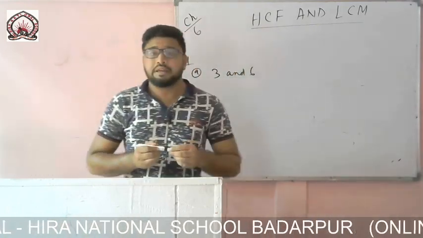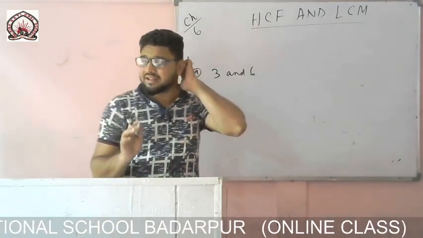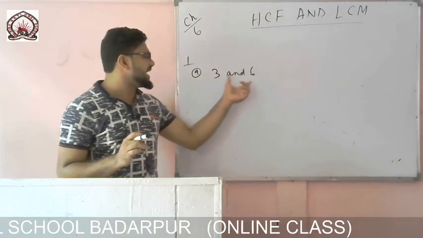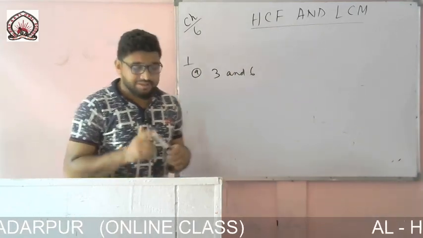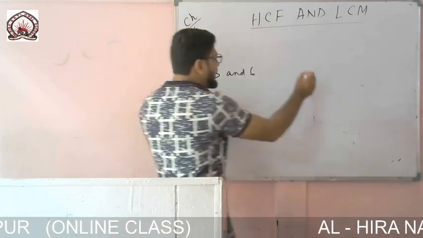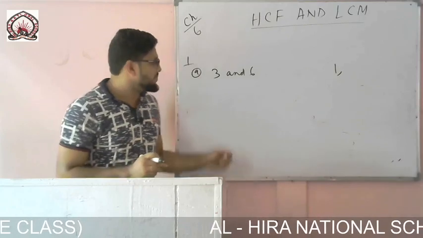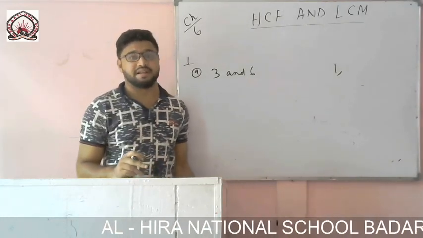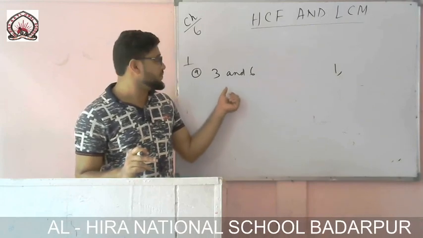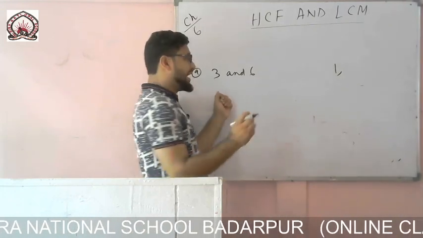Now you need to find in which table both 3 and 6 are present. In table 1 we shall get both 3 and 6. And in table 3 also I can get both 3 and 6.